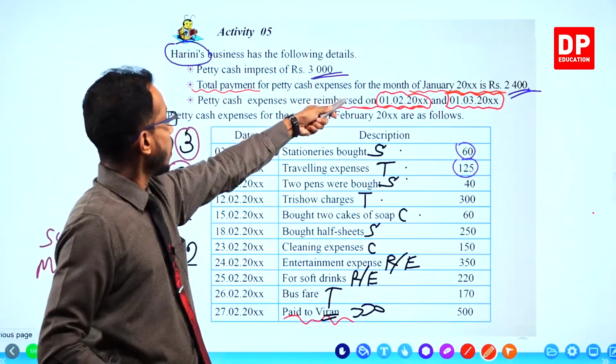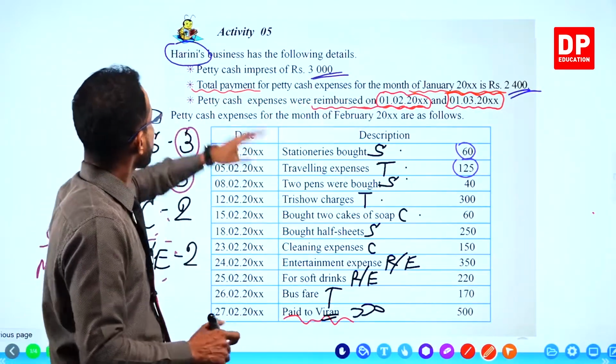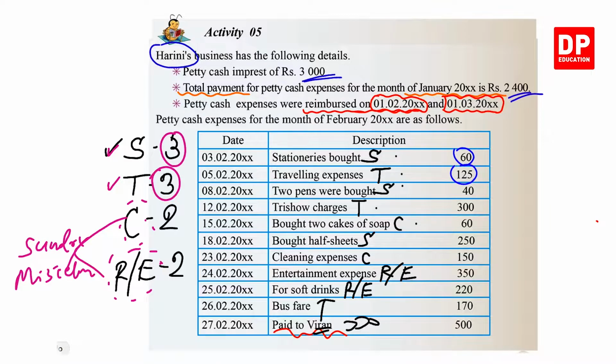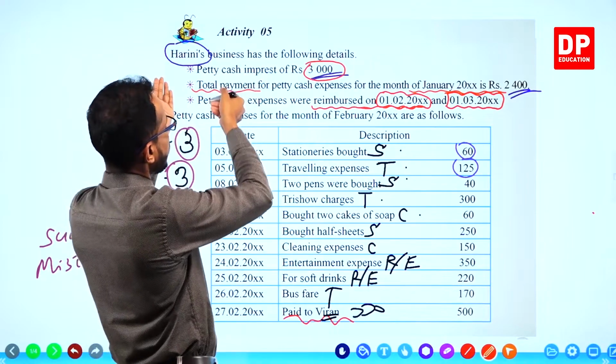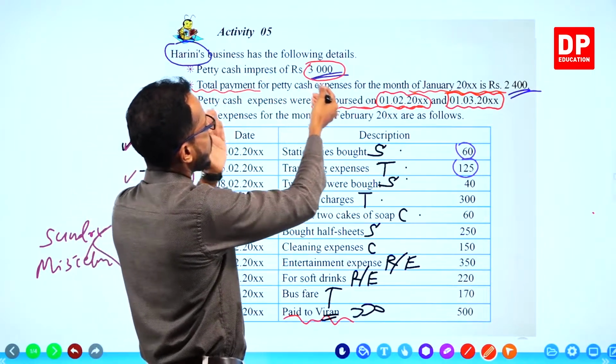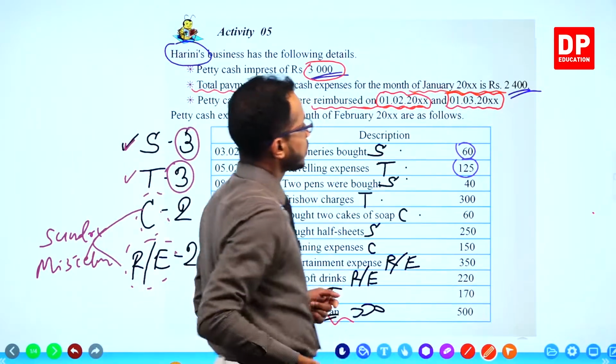Let's check how much is the imprest. Children, in this question, the petty cash imprest is 3,000. The petty cash imprest is given and it is 3,000. Okay, and underneath it says total payment for petty cash expenses for the month of January.